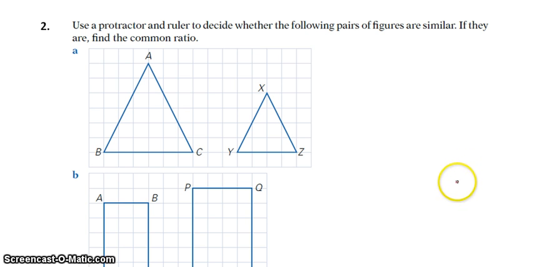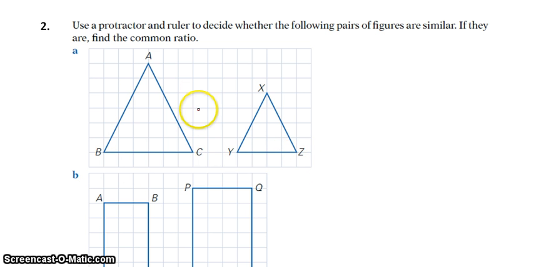Alright, question 2 says use a protractor and a ruler to decide whether the following pairs of figures are similar. If they are, find the common ratio. So you need to get your ruler and measure the side of AB and measure the side of XY and write them down. Same with AC and XZ, same with BC and YZ.